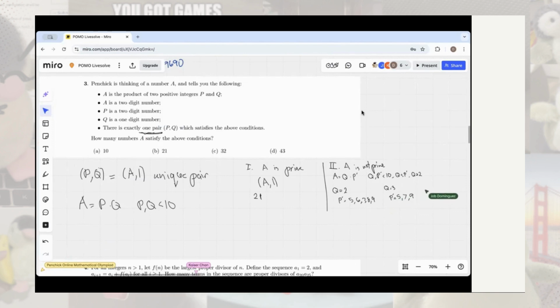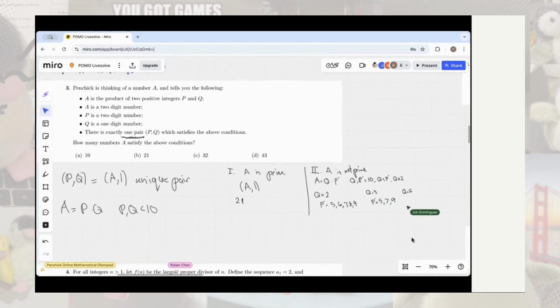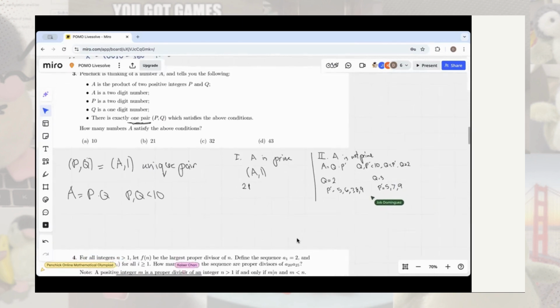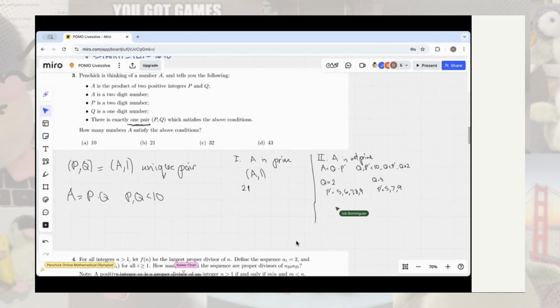Let's say Q equals 5. P prime: we can check 5 times 5 works and 7 works. Then Q equals 7.